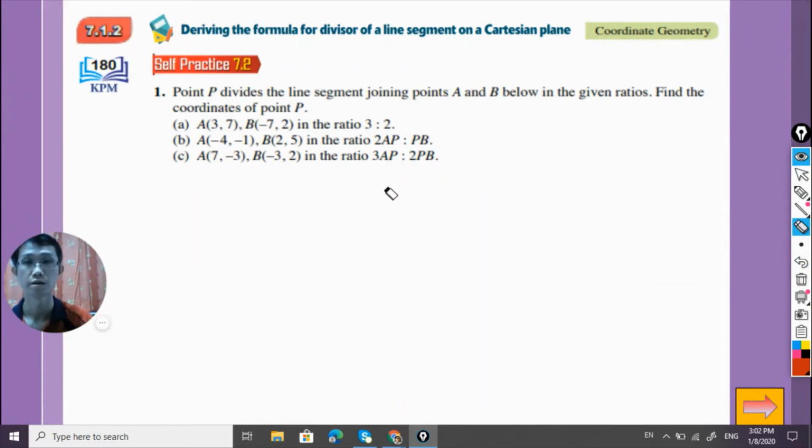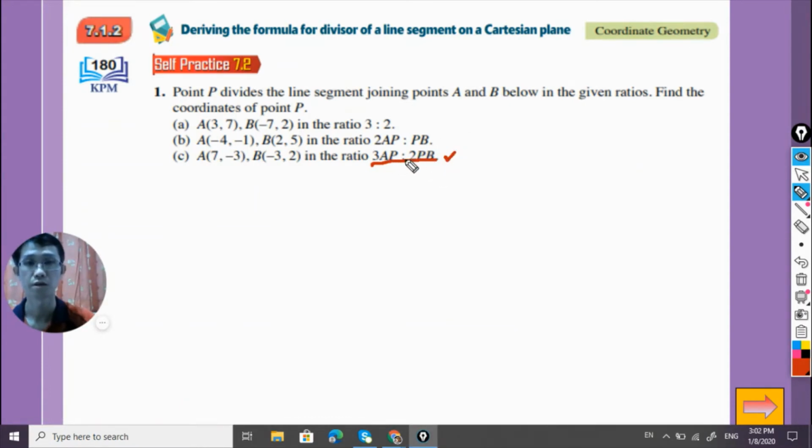Okay. So this is a question in your textbooks, self practice 7.2, page 180. So I would like to draw your attention to question 1c. To solve these questions, I think you have to understand what is the info given in this ratio.